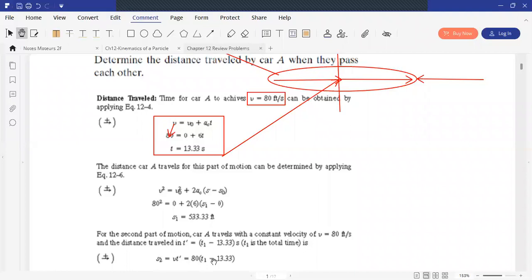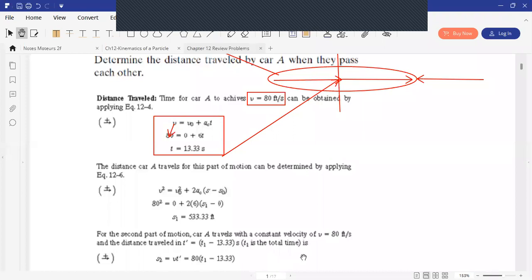But I should pay attention for the initial condition. The second phase is not starting at t equals 0. It's starting at t equals to 13.33. So when I want to write the equation of S for phase 2, S2 is V times delta t plus S0. Plus S1 if you want here.